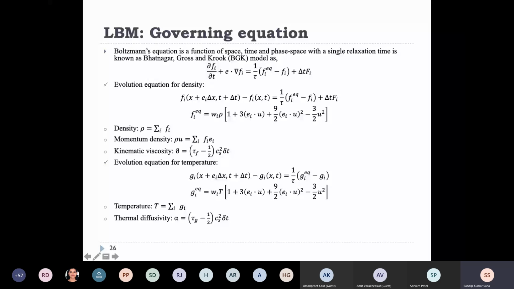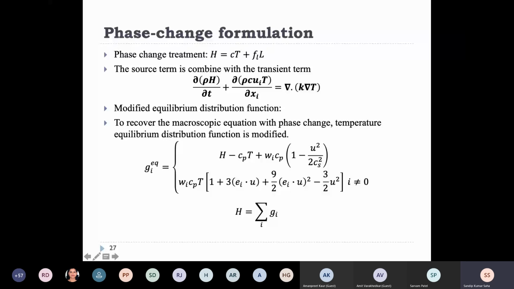But if there is a phase change, then you have to model it according to, say, the enthalpy porosity method. If you see the enthalpy method, C T plus f_L, in that way you incorporate it, or rather you change the distribution function of the temperature. Only then you solve it. And this method is more or less an explicit method.